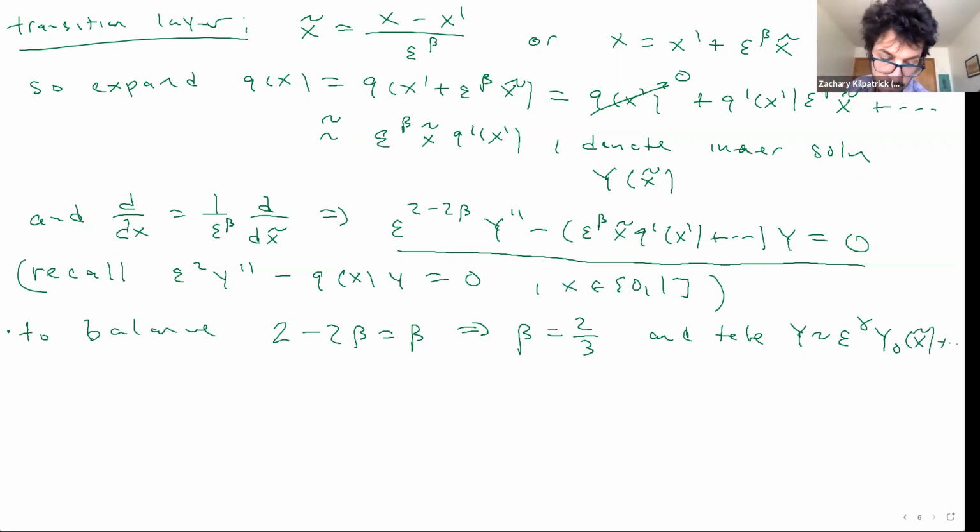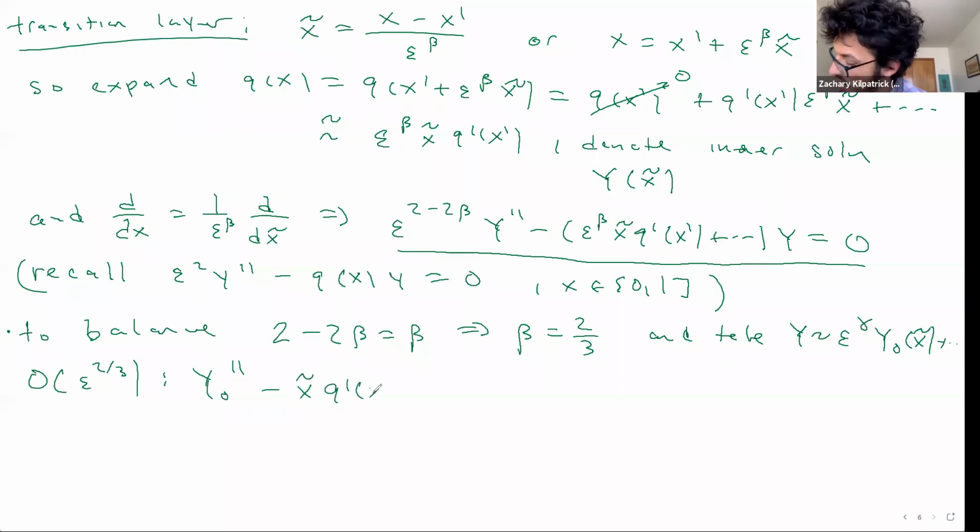So at order epsilon to the 2/3, which is going to be our first order in this equation, we have y0 prime prime minus x tilde q prime x prime, which is just going to be a constant, y0 is equal to 0.